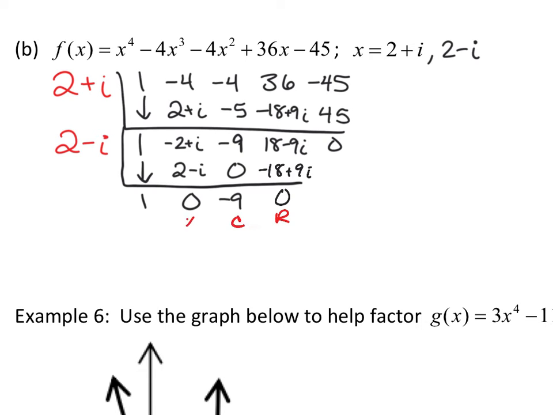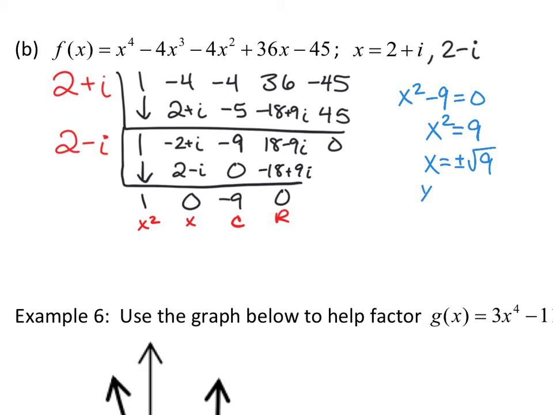Now this time my quotient here is not actually an irreducible quadratic factor, because if you notice, we could solve this quadratic and we'd actually get real solutions. This is x squared minus 9. You might notice that it's the difference of 2 squares, but if not, you would just solve for x.